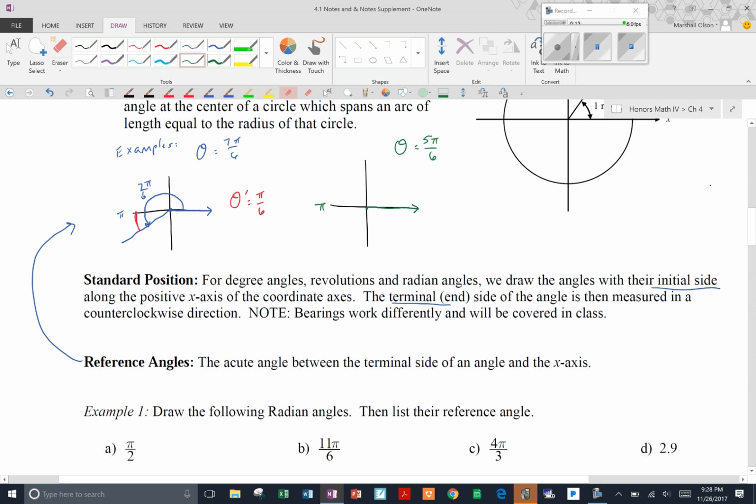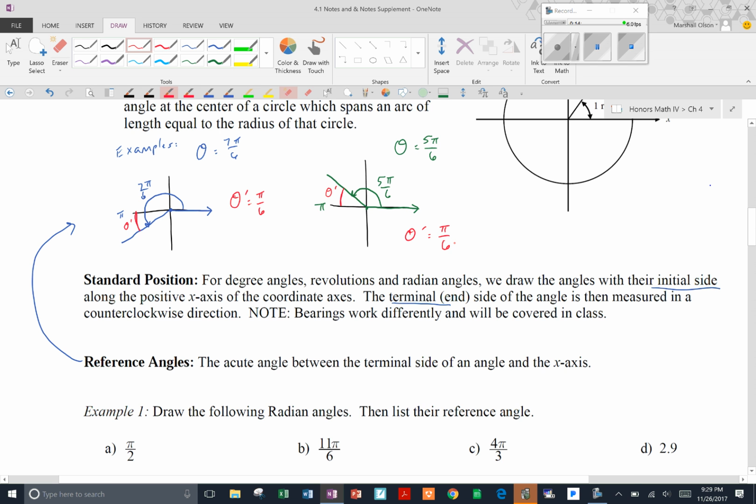That means 5 pi over 6 is going to be just short of that by 1 pi over 6. So here's 5 pi over 6. And our reference angle again, I'll put that over here. Here's our reference angle. Our reference angle again is that same value, pi over 6.